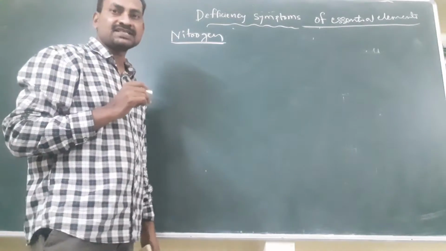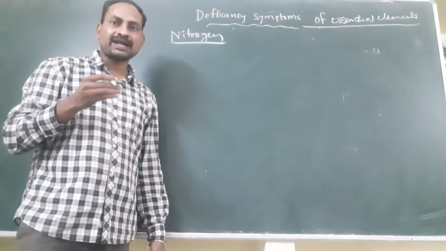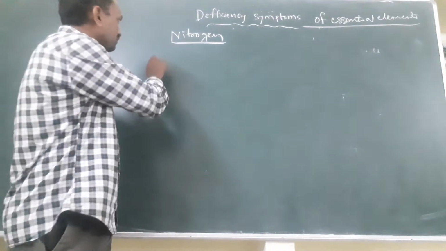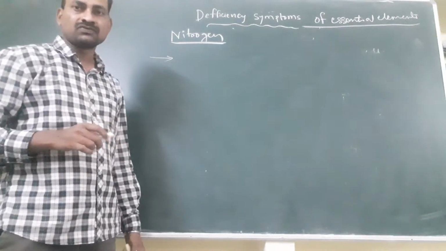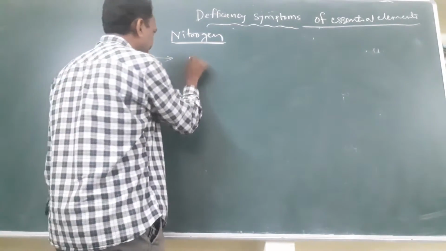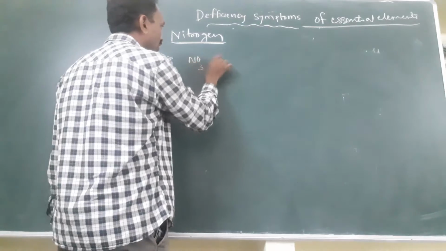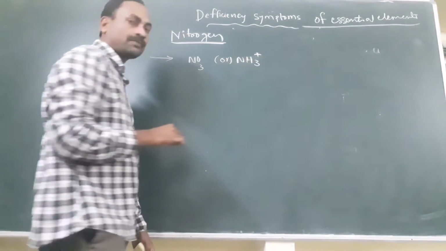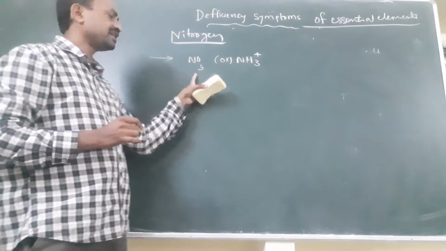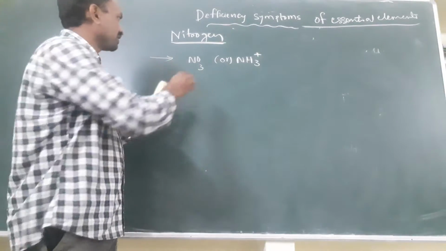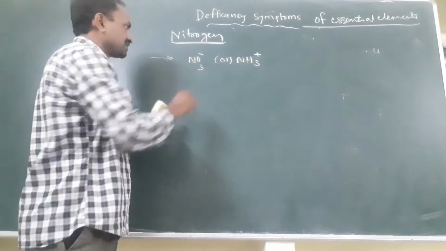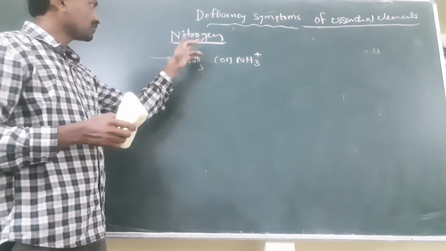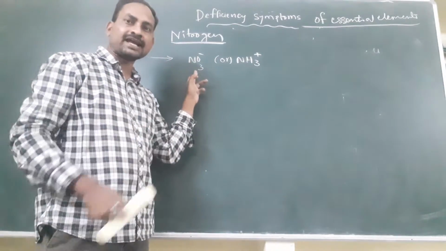Nitrogen is a very essential element for the plant body. Nitrogen is absorbed in the form of either nitrate, NO3 minus, or ammonium, NH4 plus.